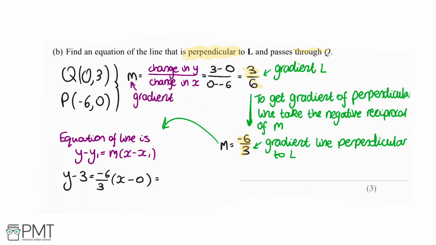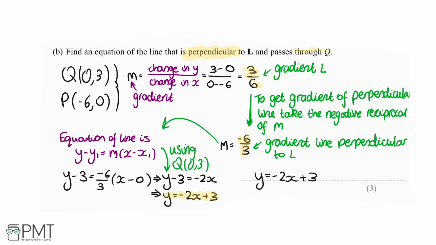Let's tidy that up. We have y minus 3 equals minus 6 divided by 3, which is minus 2, and x minus 0 is just x, so minus 2x. Tidy that up again: we add 3 to both sides and get y equals minus 2x plus 3. That is the final answer. The equation is y equals minus 2x plus 3.